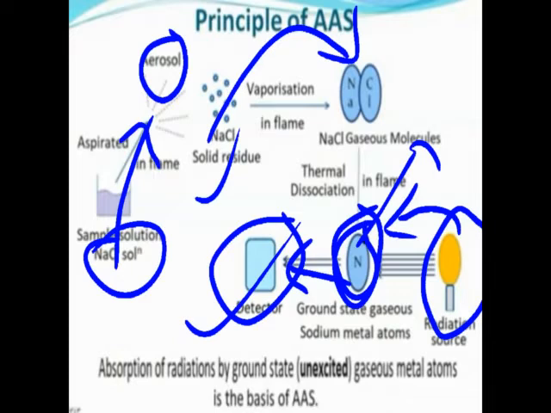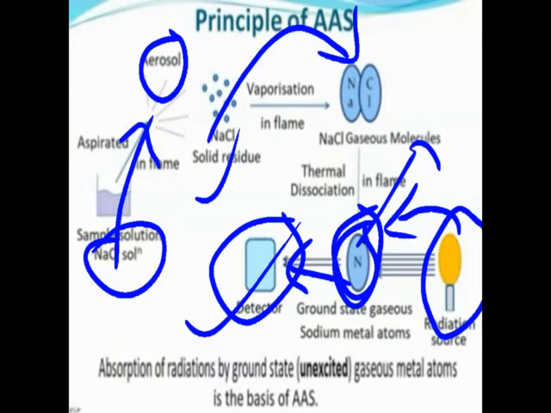Similarly, for atomic absorption spectroscopy, the sample should also obey the Beer-Lambert law. Or we can say that if the sample obeys Beer's law, we can find out its concentration using atomic absorption spectroscopy.